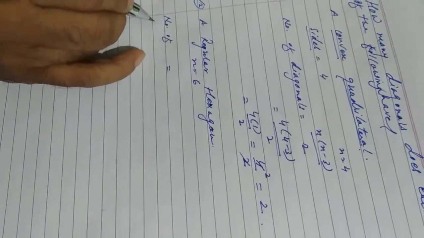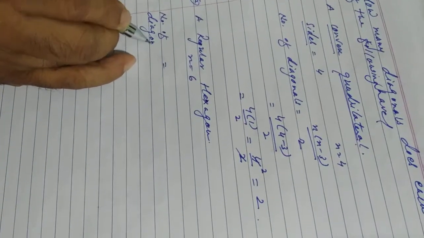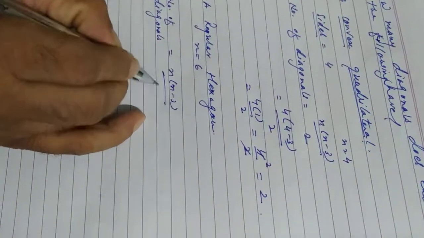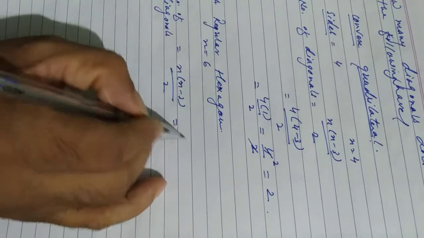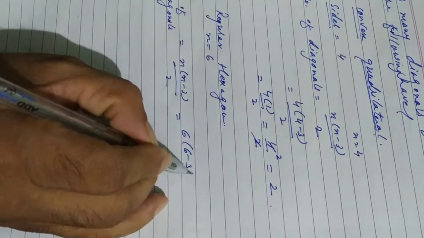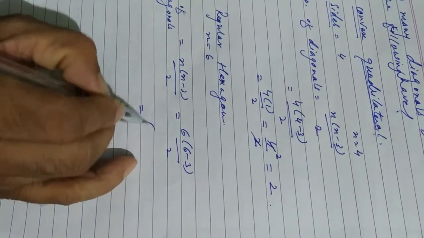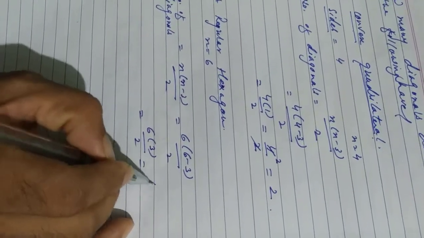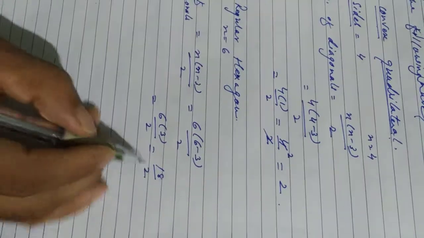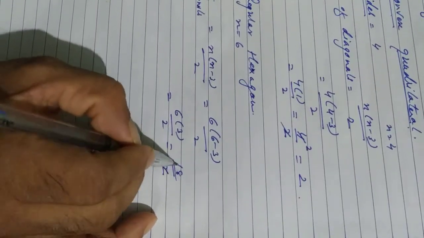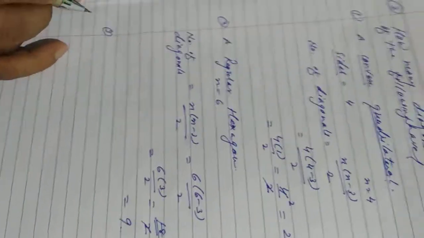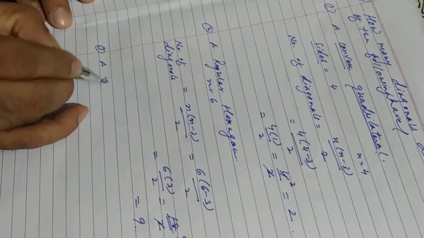Number of diagonals is equal to n(n minus 3) upon 2, with n equal to 6. 6(6 minus 3) upon 2. 6 minus 3 is 3, 6 threes are 18 upon 2. 2 nines are 18. So we can say the number of diagonals is 9. Got it? Now third, a triangle.